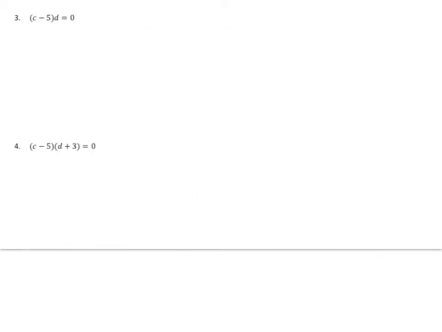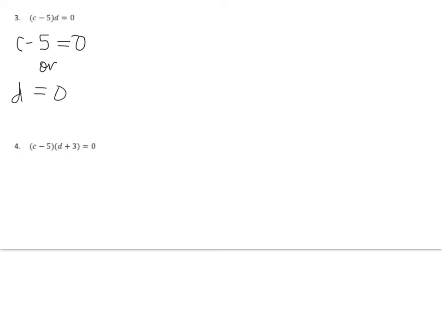Okay, same equation but set equal to 0. Since the product of those two terms, well, here we have a binomial, and there we have a term, the product of those two has to be 0. There aren't an infinite number of solutions. What we do here is we take each piece, we take the binomial, because this part could be equal to 0, or that part is equal to 0.